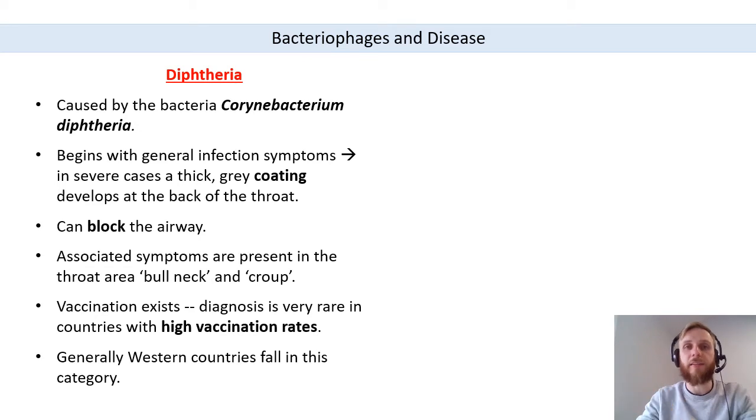It's dead cells and things like that caused directly by the infection. Now, it's an infection that's rare nowadays due to a really successful vaccination campaign in the last century, but it's still seen. It's definitely not eliminated, but as a direct consequence of really good levels of vaccination, levels of diphtheria cases have really significantly dropped.